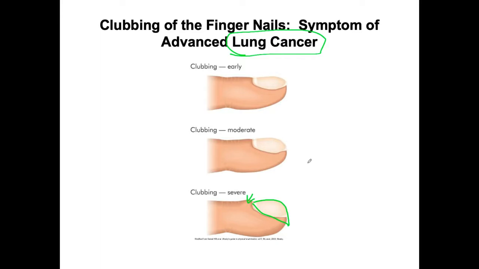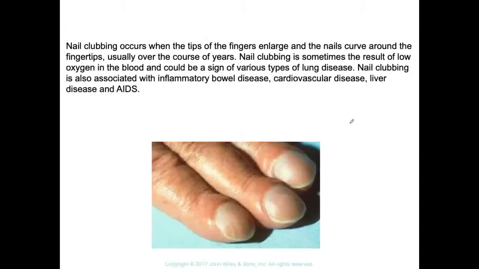We see this when there's poor oxygenation, as with lung cancers. We also see clubbing of the nails with irritable bowel syndrome or inflammatory bowel disease. We'll see it not just with digestive problems, but with smokers, people with emphysema, lung cancer, poor oxygenation.